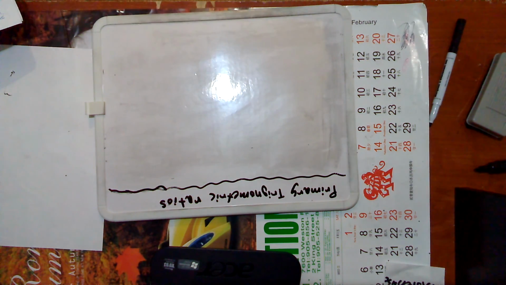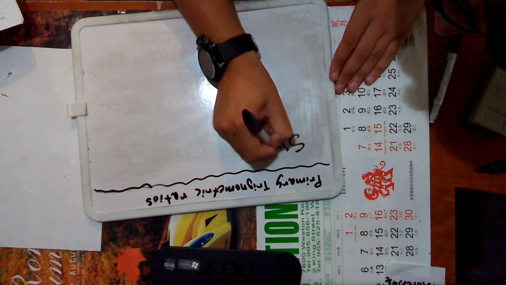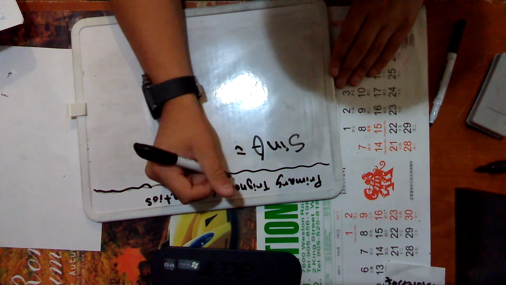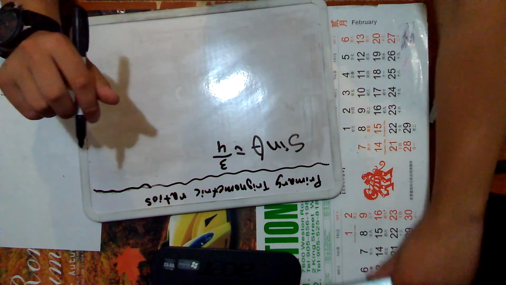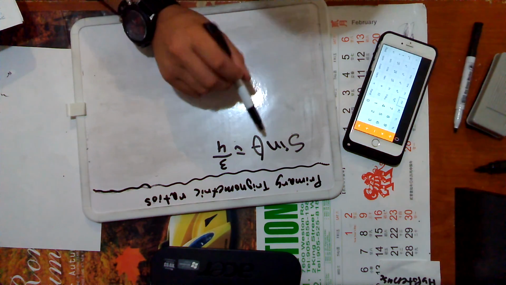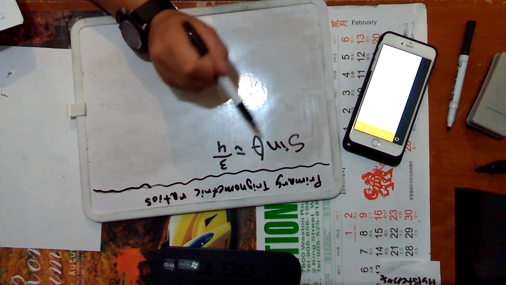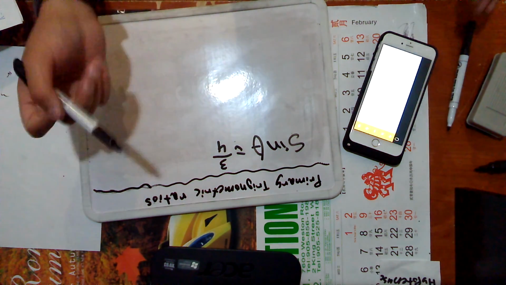So, let's say we have sine of theta equals 3/4. So now, because we have sine of theta, that means we have to do inverse of sine to find a degree. So how do we do this?